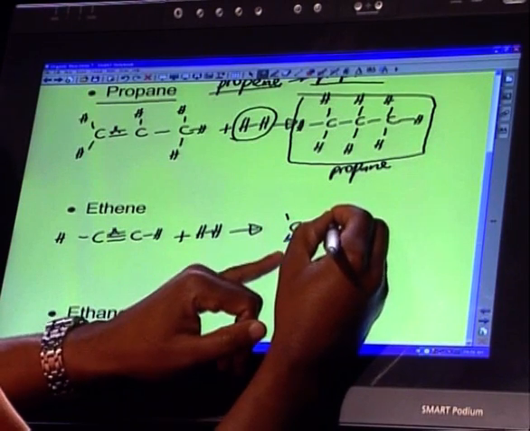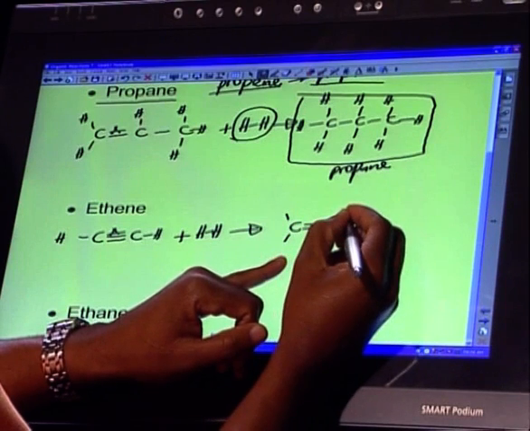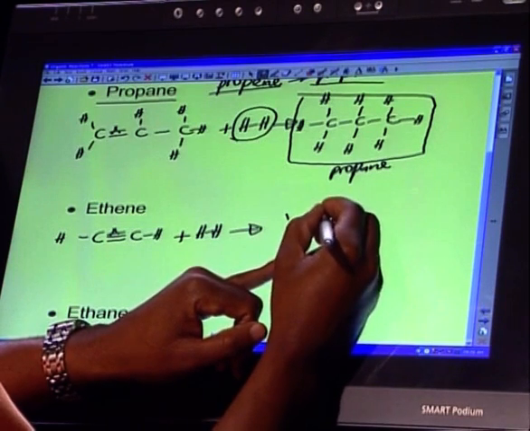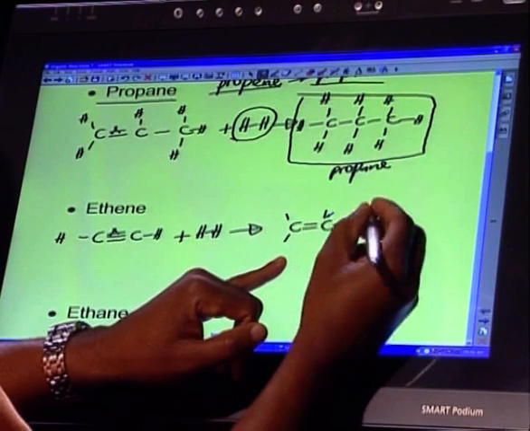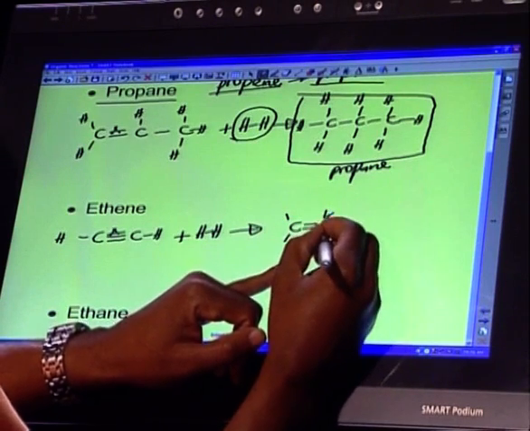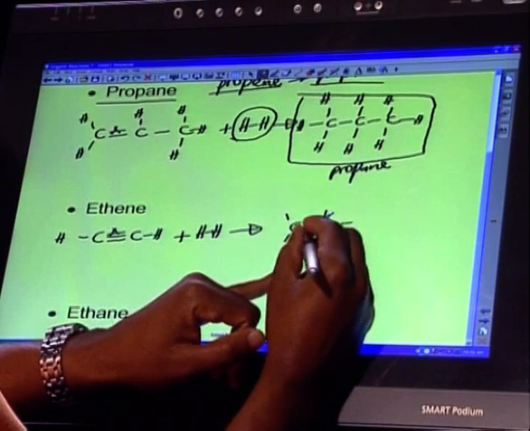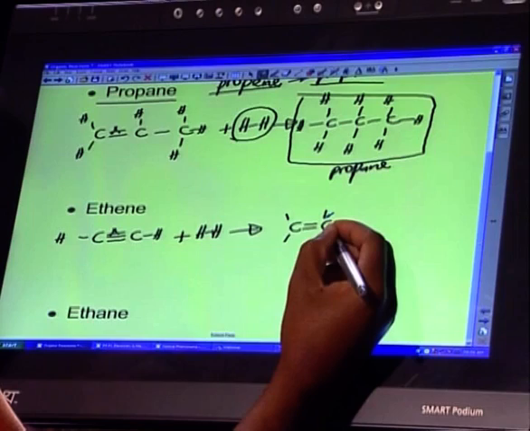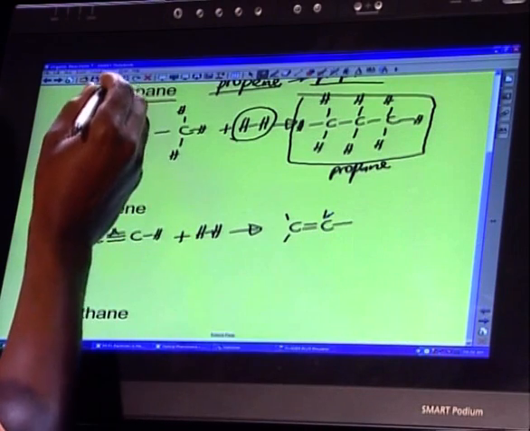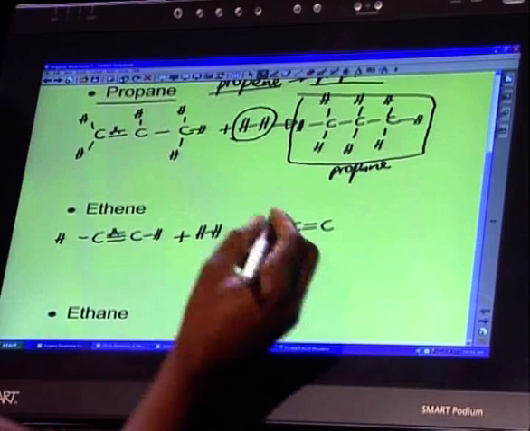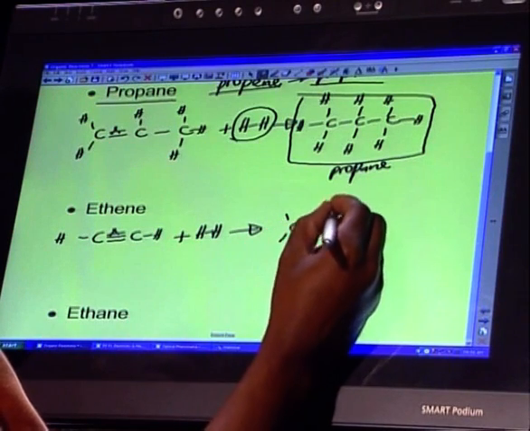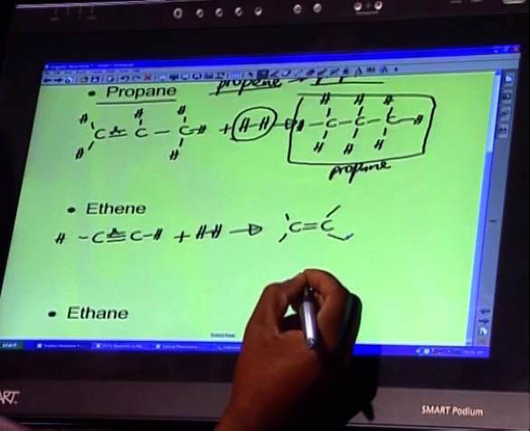And then here, what do I have? I've got that single bond there, so one of the bonds will be there, and I will now be having 4 on the other side as well. So let me just write this nicely like that, okay?